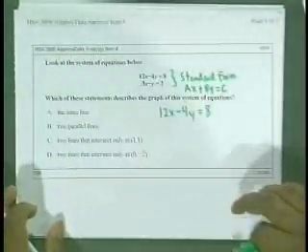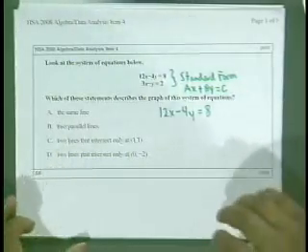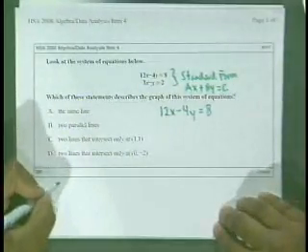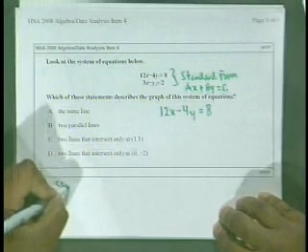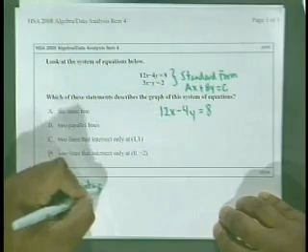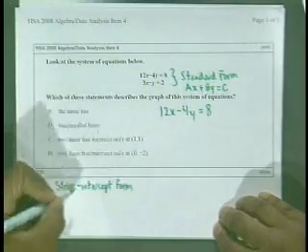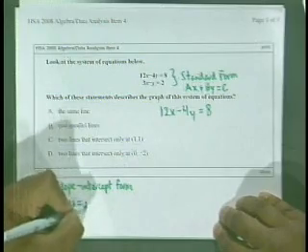Now we want to go to slope-intercept form, and let's remember what slope-intercept form is. We talked about that earlier. Slope-intercept form is y equals mx plus b.